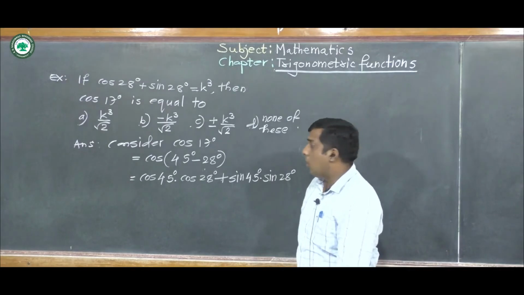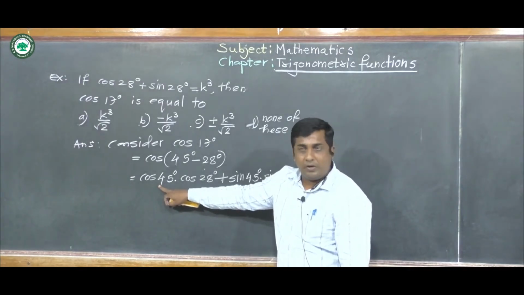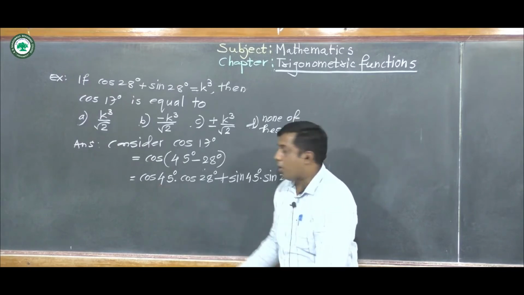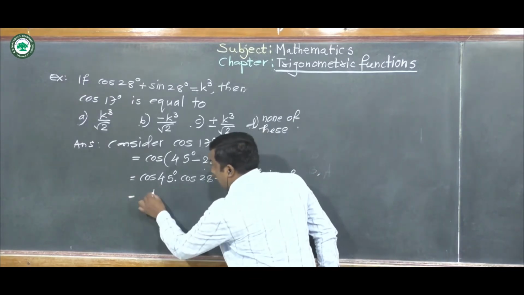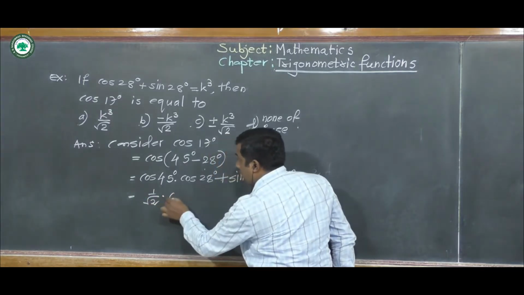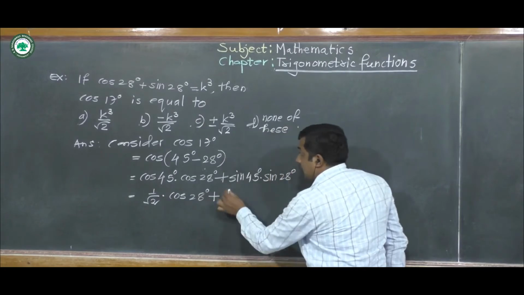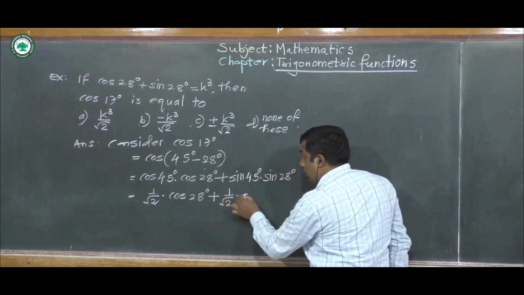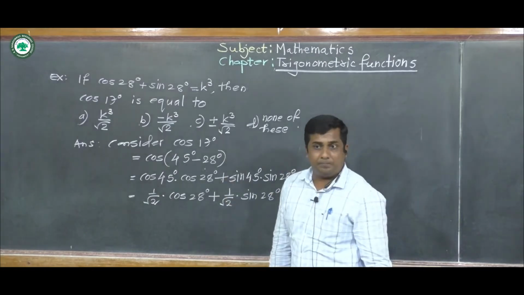Now everyone knows value for the cos 45 degree. We know cos 45 degree is 1 upon root 2, sin 45 degree is 1 upon root 2. So this is equal to 1 upon root 2 into cos of 28 degree plus here 1 upon root 2 into sine of 28 degree.